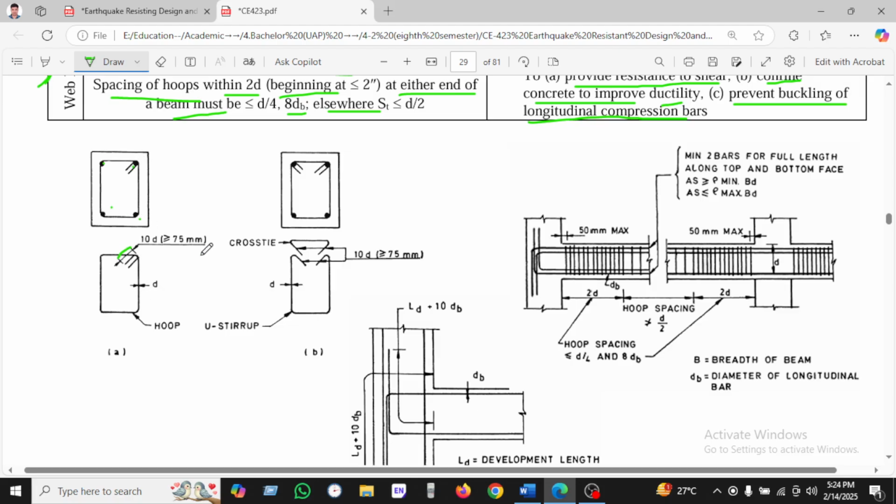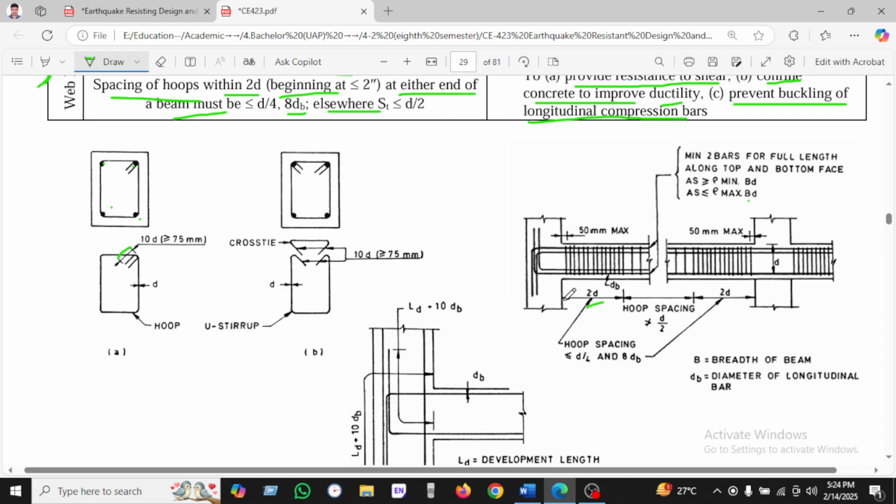Here is a 10D, which is greater than 75 mm. This is the hook, and in the cross section we have been seeing here a U shape, and the maximum we have been seeing here as maximum BD and rho max is less than maximum BD.